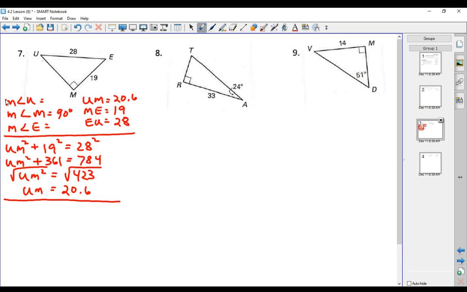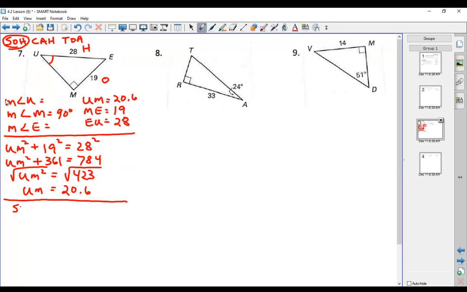Now, as far as the missing angles are concerned, I've only got one angle here. That's the 90-degree angle. So I'm going to have to use some inverse trig functions in order to find the missing angles. In regards to angle U, the opposite side is 19, and the hypotenuse is 28. Now, if I use SOHCAHTOA, opposite and hypotenuse have to do with the sine function.